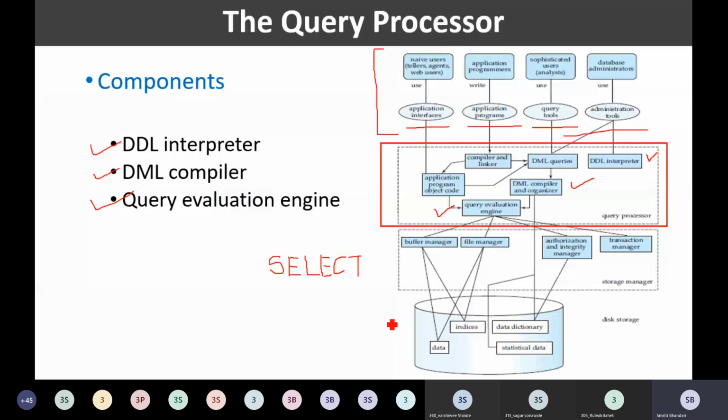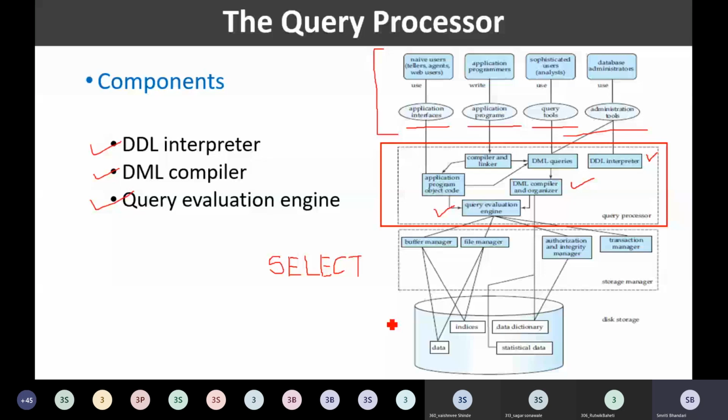Say, for example, I write the query like: select instructor.name from instructor where department name equal to computer science and instructor.salary is greater than 60,000.